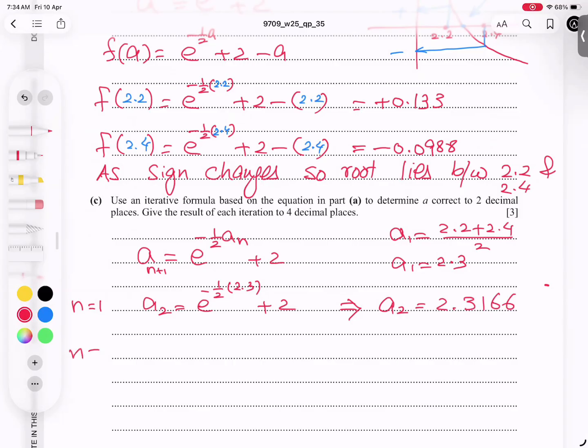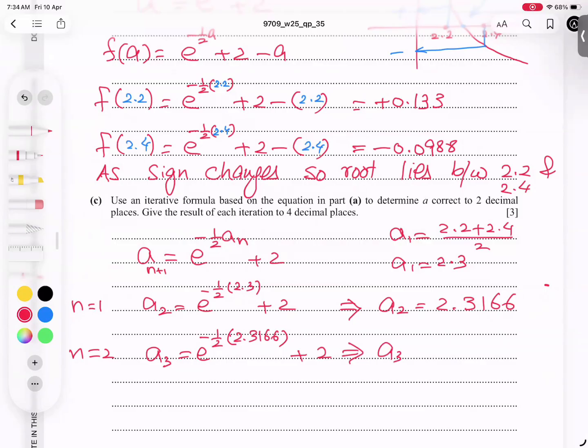Now, students, first I plugged in 1, now I plug in 2. When I plug in 2 here, 2 plus 1 gives us 3. And negative half a, so I get a2, and that a2 goes in the bracket here. So 2.3166 plus 2.